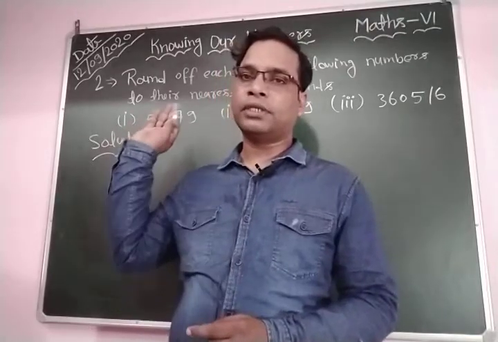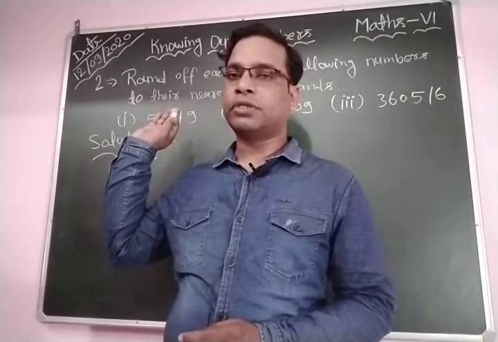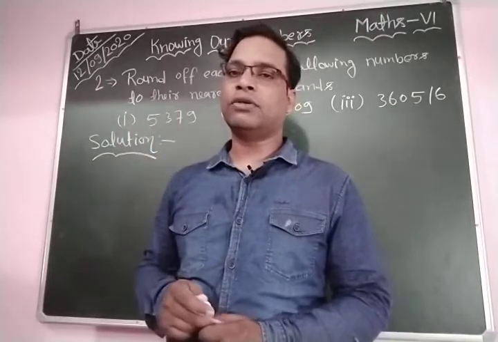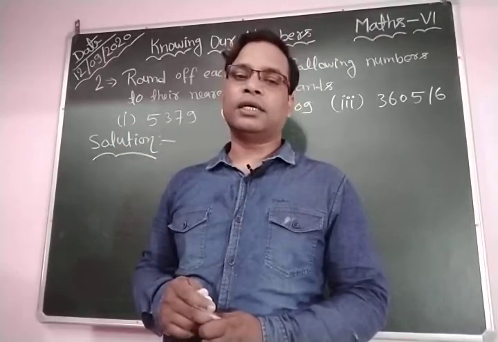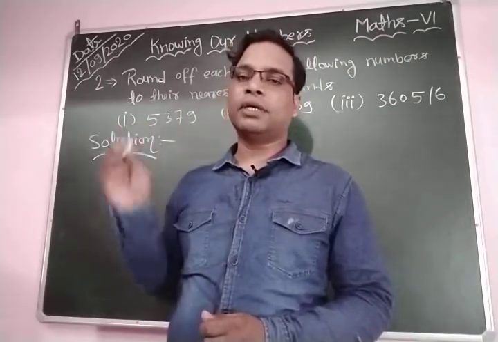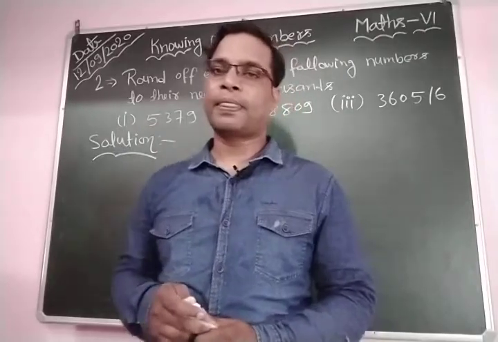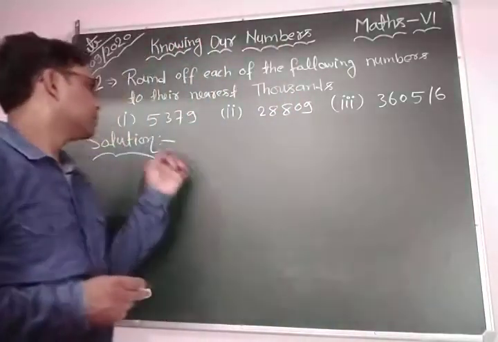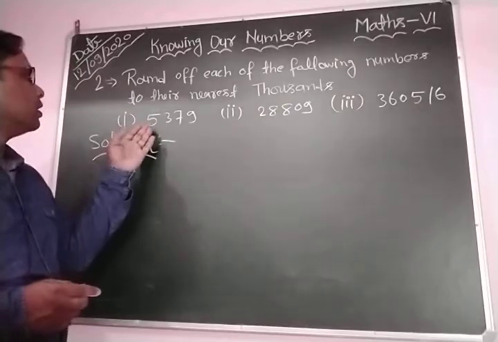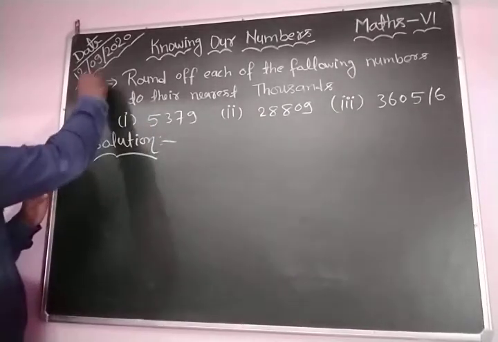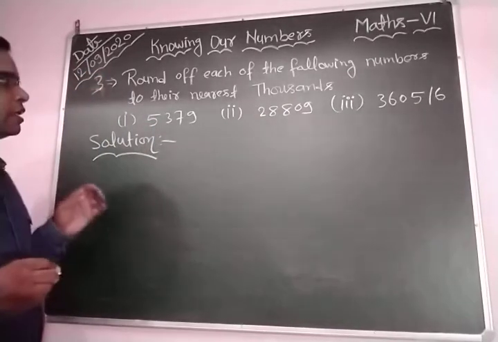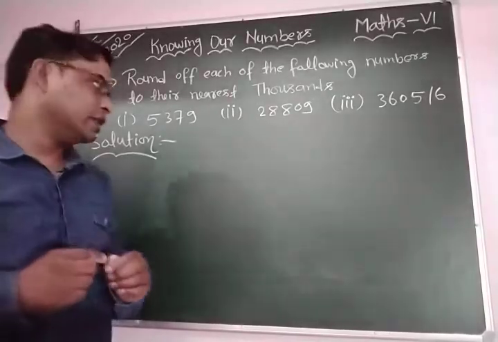So we take some examples, some questions here. Let's see how to find the rounding of the given numbers to their 1000 place. So here is question number 3, 5379.